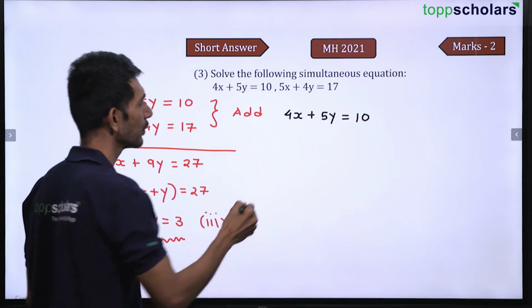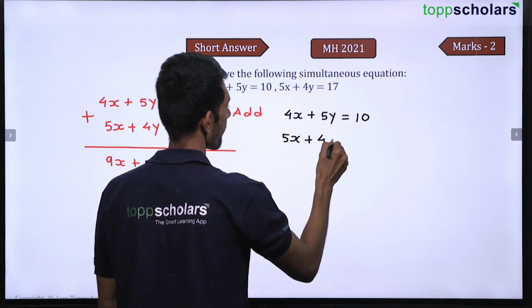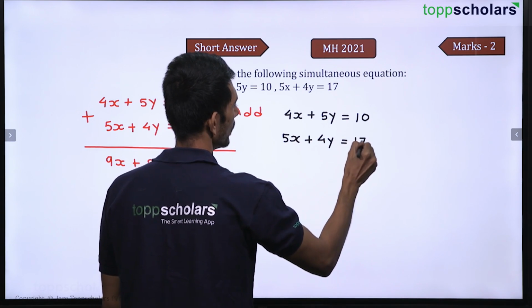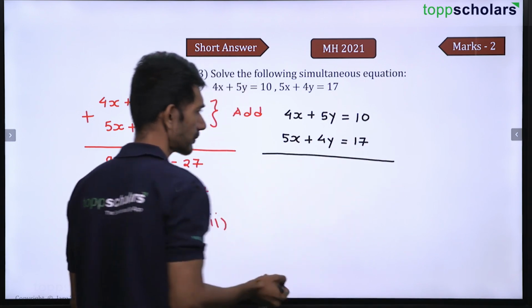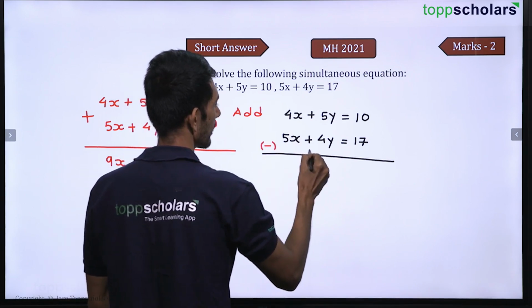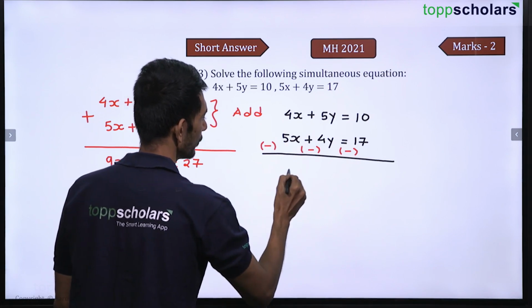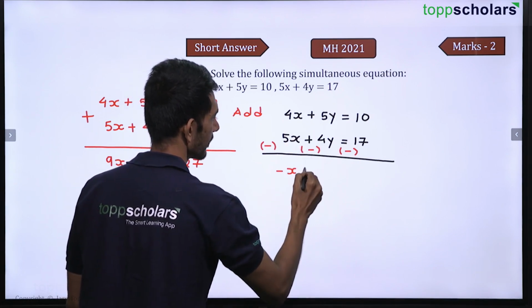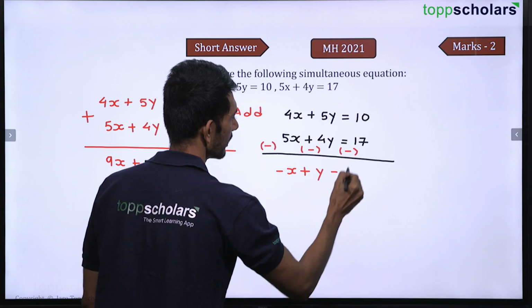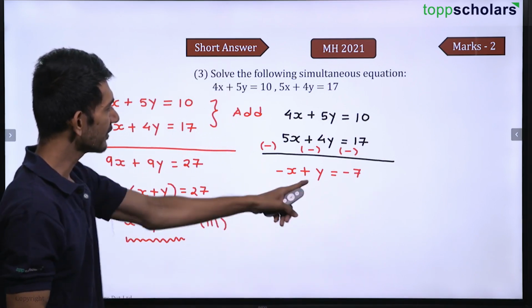Then 5x plus 4y is equal to 17. Now subtract both of them. So that gives you minus x plus y is equal to minus 7. This is equation 3, this is equation 4.